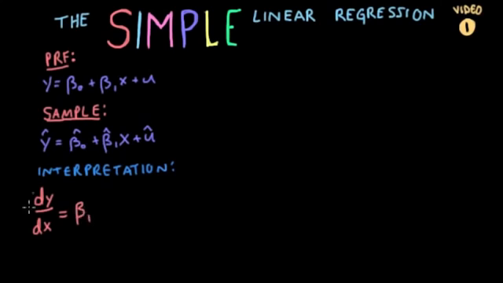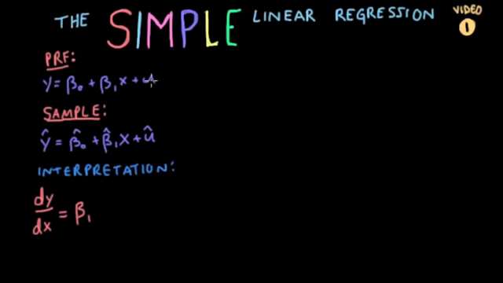So this is what we will obtain if we have a causal relationship. If we take the derivative of this, we can break this down. This is just a constant, so it will become 0. X has no exponentials, and so this whole term will just become the coefficient, which is beta 1.